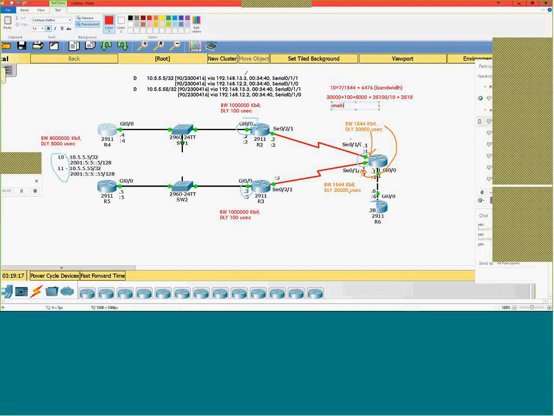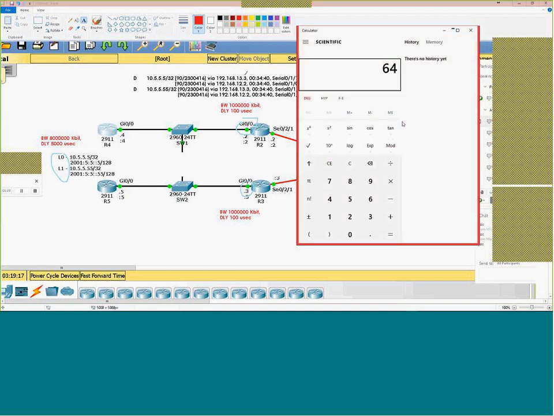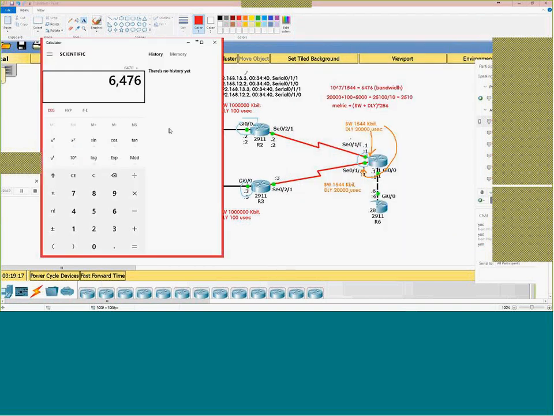So the metric equals bandwidth plus delay, and in this case, we multiply that value by 256. You always multiply by 256. Whether you do it to each individual value or you do it to the combination of values, it's up to you. So I'm going to take 6476, which is my bandwidth calculation, and I'm going to add that to 2510, and I'm going to multiply that times 256. 649036.